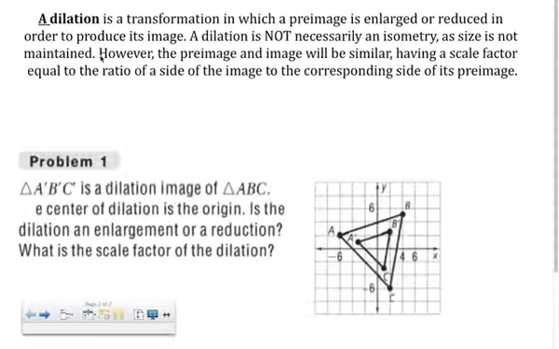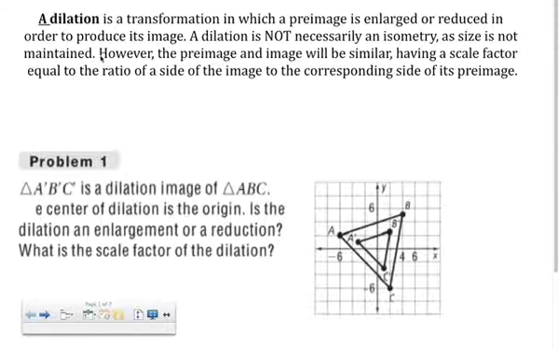In today's lesson, we're talking about dilations, in which the pre-image is not congruent to the image. It is, however, similar. So we're dealing with enlarging something or reducing something. And just like in Chapter 7, when we were talking about similar figures, those similar figures had a scale factor. So, by the same token, when we're talking about a dilation, we will also have a scale factor.